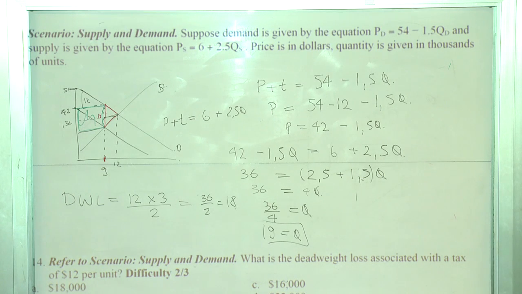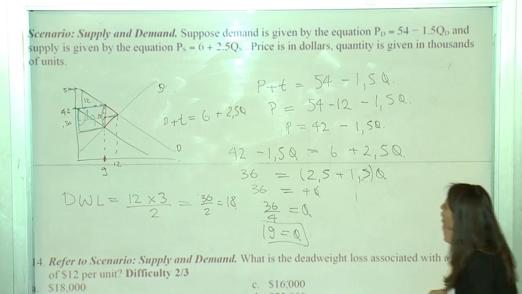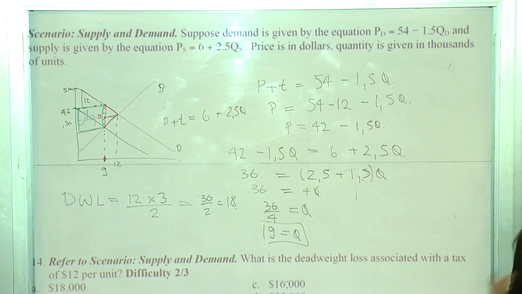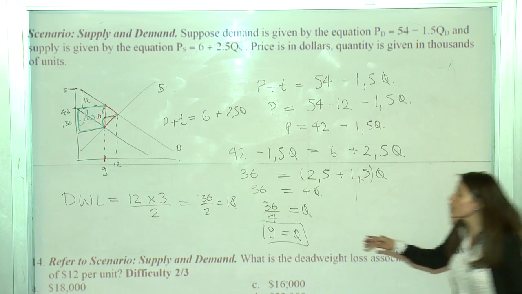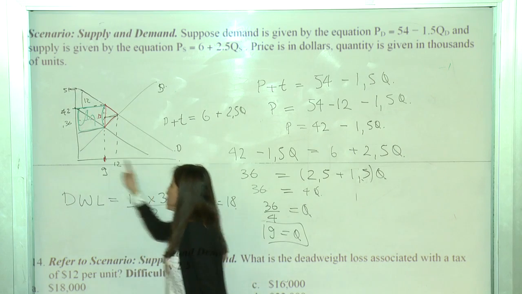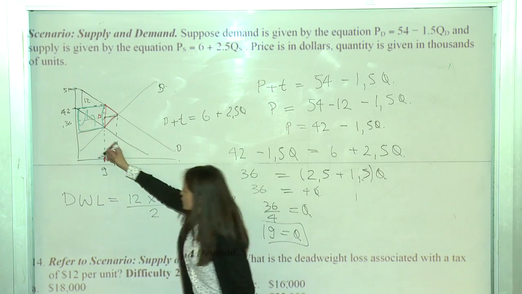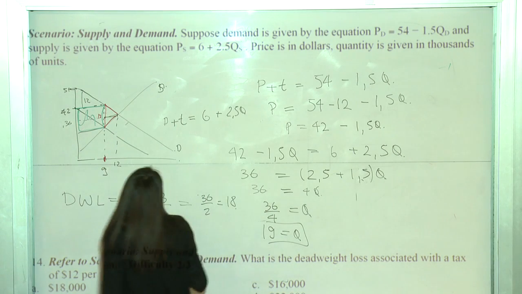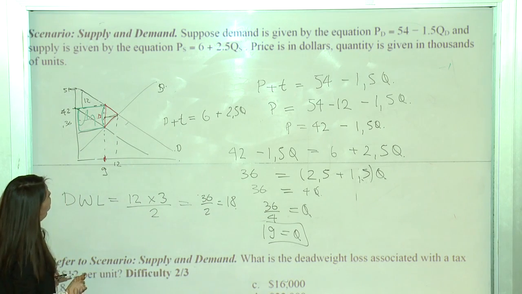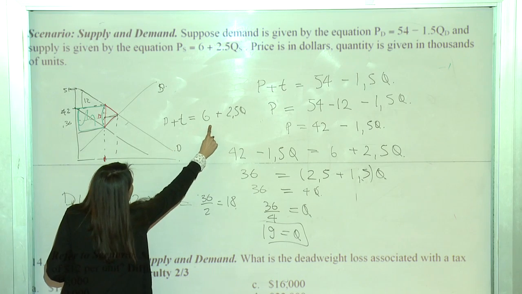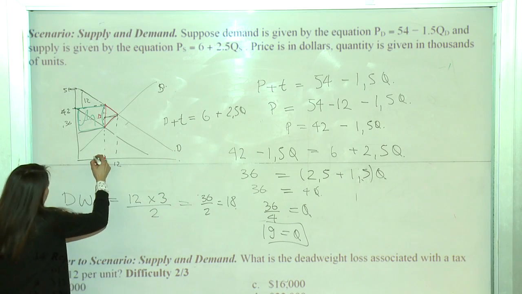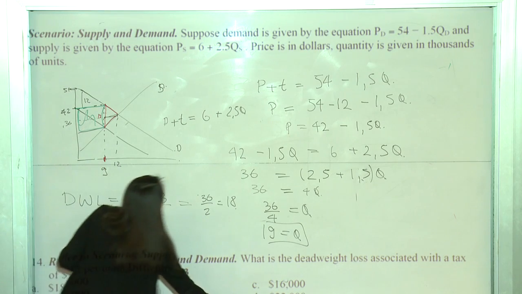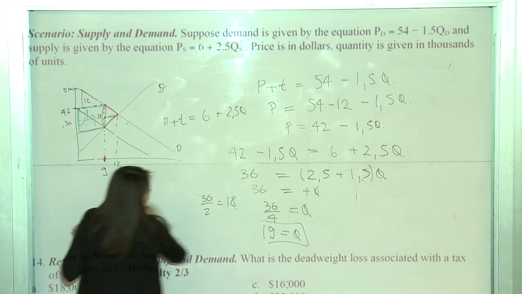Yes? You put the tax on the supply equation when you get a negative intercept. 12, 6. Yes, but remember that in economics, we only think about this quadrant. So the supply function will start around... no, you won't get a negative intercept. Oh, yes, because this is minus 12. Yeah, you will move it. Let me see.